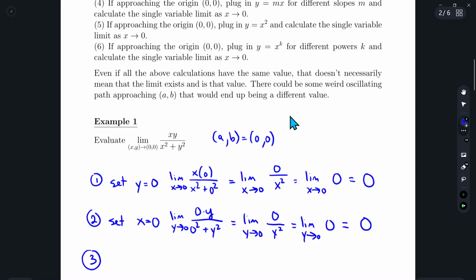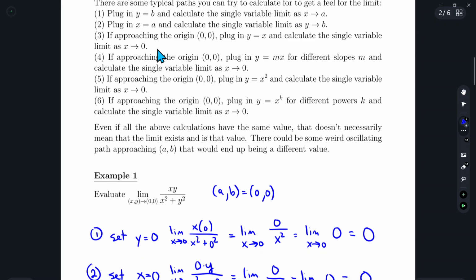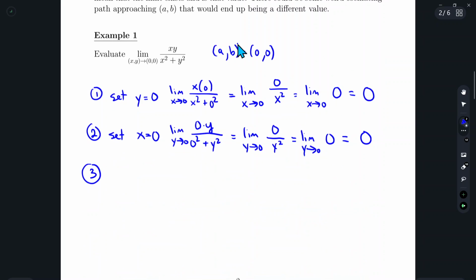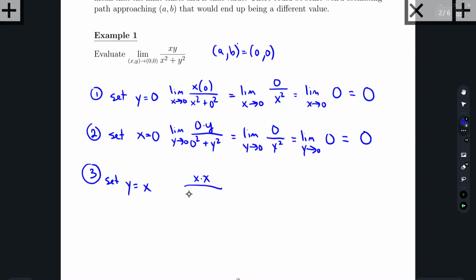Okay, so let's continue. Step 3 says now I try y equals x. So we set y equals x. So plugging it in, what does it look like? x times x over x squared plus x squared. Right, so you see now there's only the variable x, so this is a single variable limit. Now we simplify.